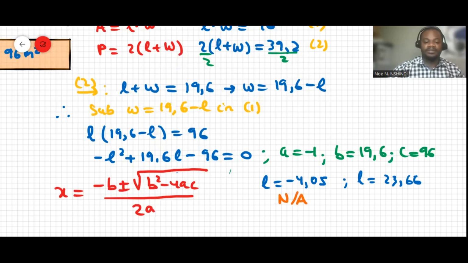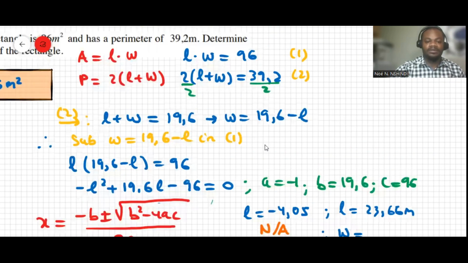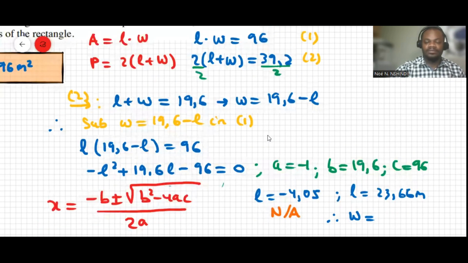So the length here is that many meters. Therefore, the width will be, because we just said, where is it again? We did say W, the width, was 19.6 minus L.